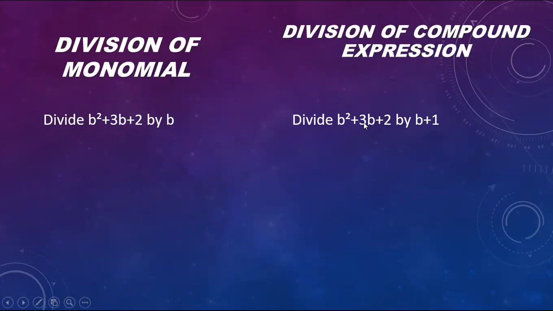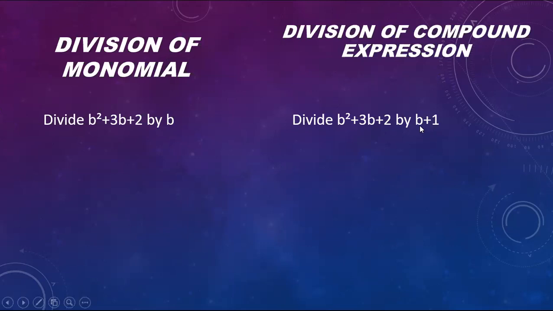Look at the dividend: b square plus 3b plus 2. Both are trinomials. But here, the divisor is monomial. We are going to divide it by b. B means it's a single term. That means it's a division by a monomial.